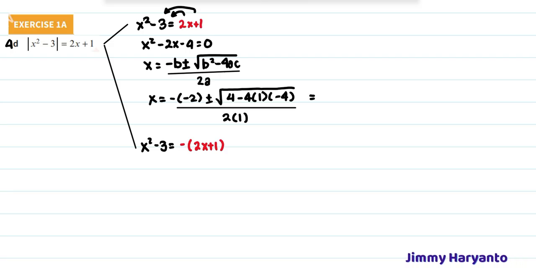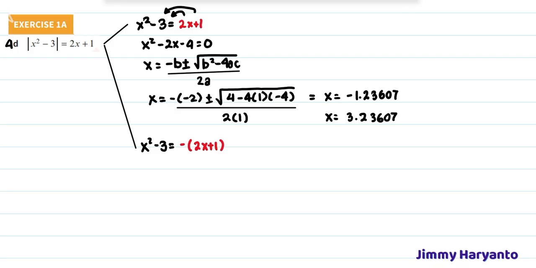Okay, let me calculate it first. The first answer is negative 1.23607, and then the second one will be 3.23607. Because this is not the final answer, I write it as long as possible.